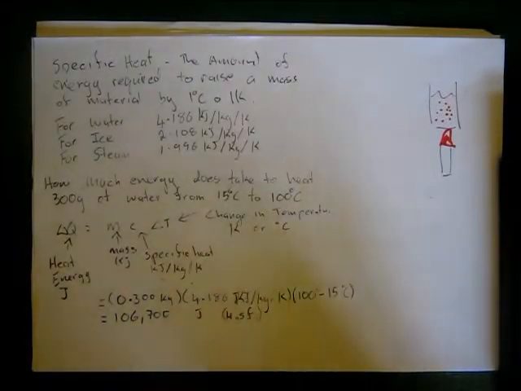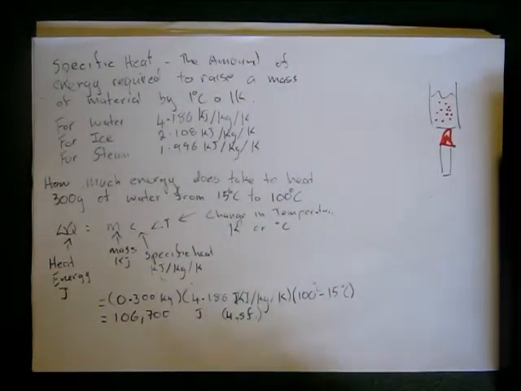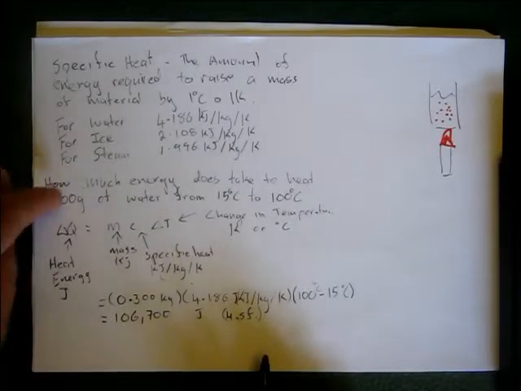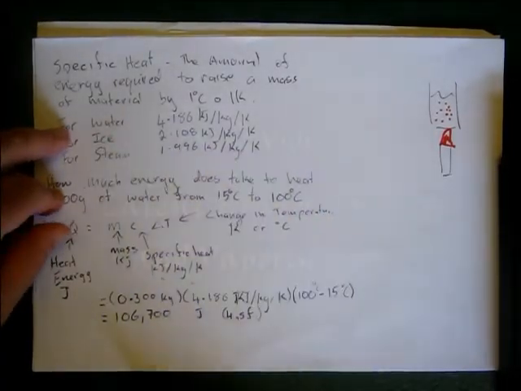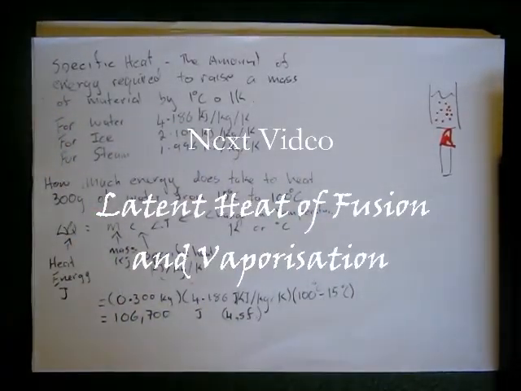So 106,700 joules to heat up 300 grams of water by 85 degrees Celsius. Cool.